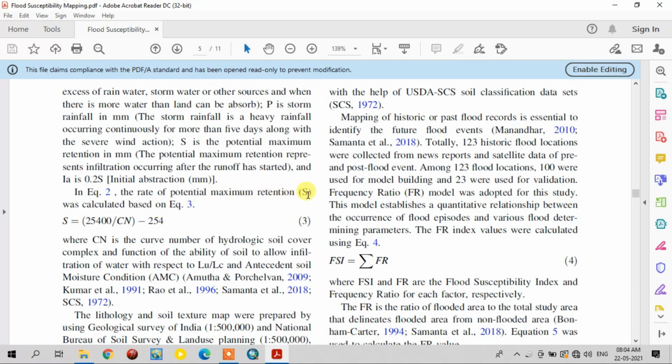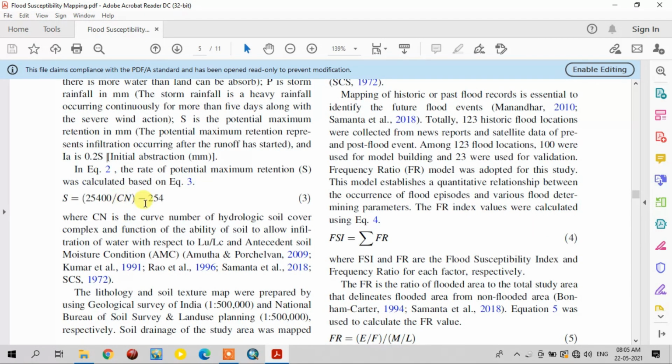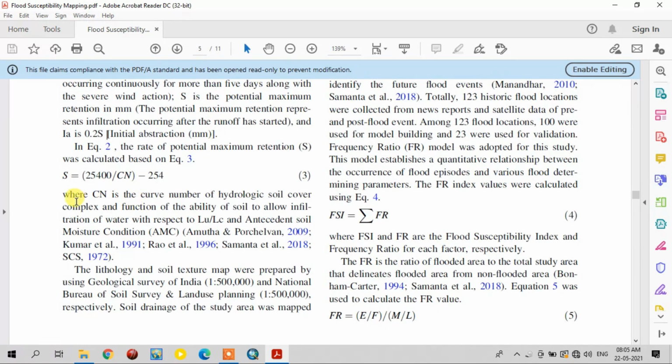And the potential maximum retention S was calculated based on this formula. See this one, where CN is the curve number, the hydrological soil cover complex, a function of the ability of soil to allow infiltration of water with respect to land use, land cover, and Antecedent soil moisture conditions.